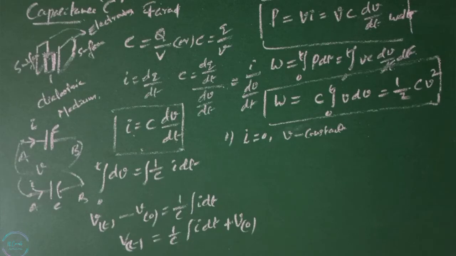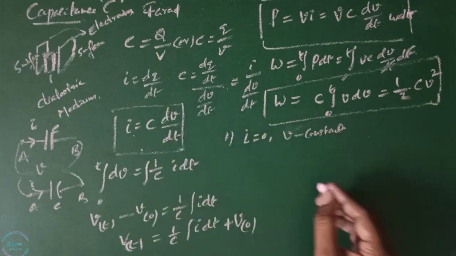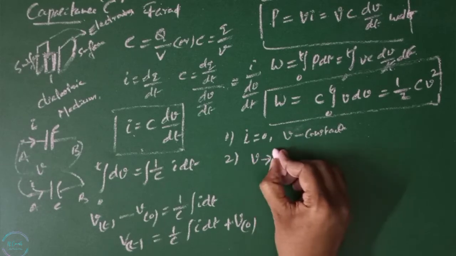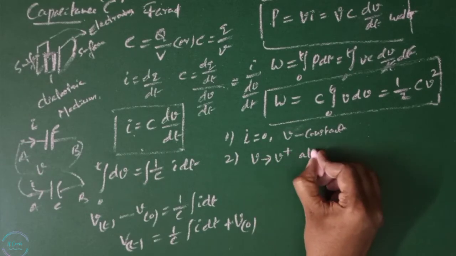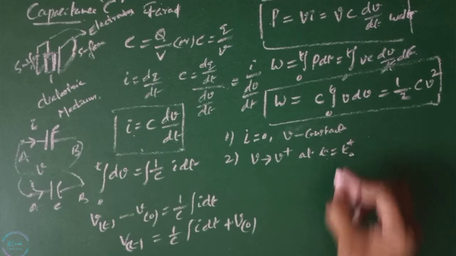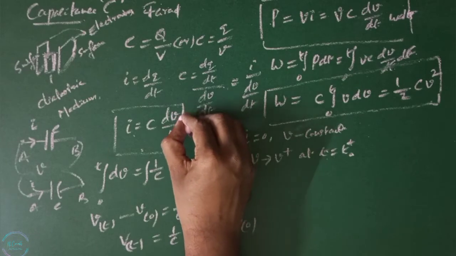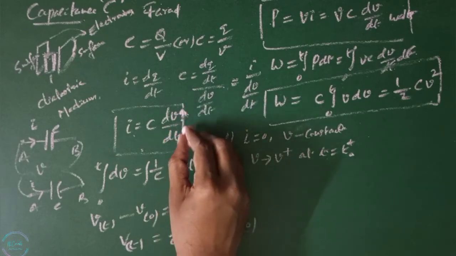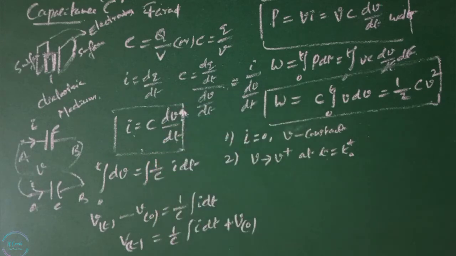Second, a small change in the voltage: if v is changed to v plus a small change at t equals t naught, even though this is a small change, the time value remains 0, then this total value will be infinite.